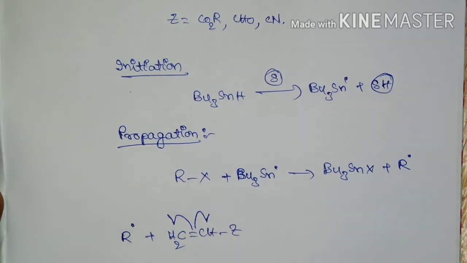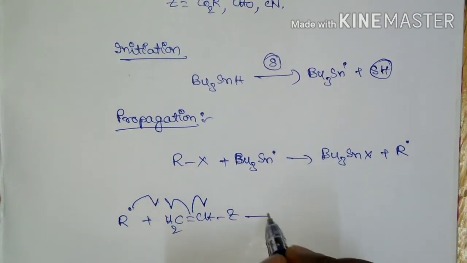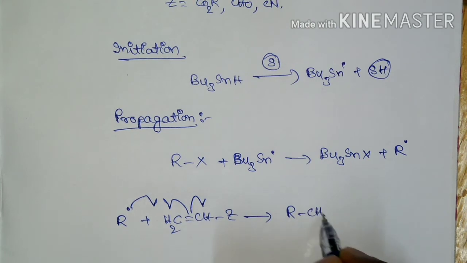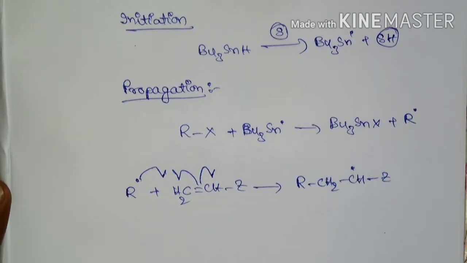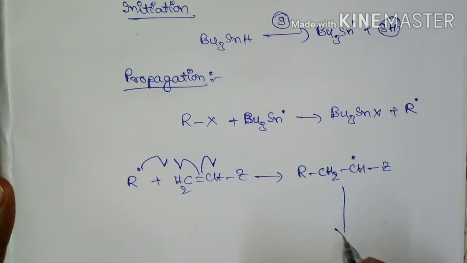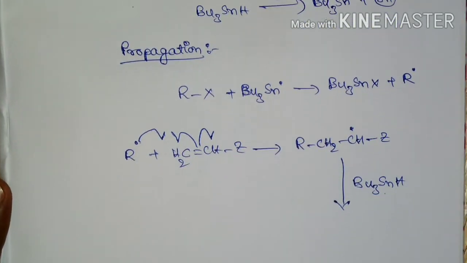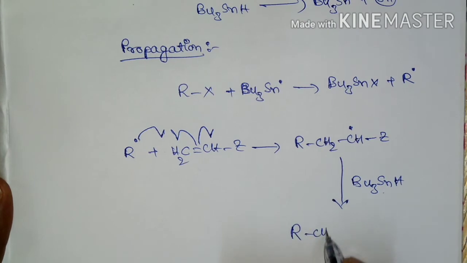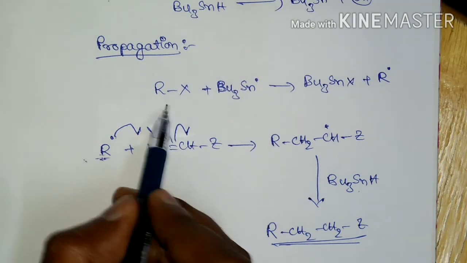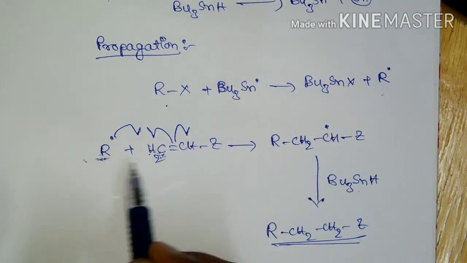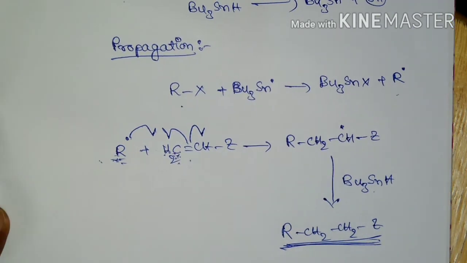So there will be homolytic cleavage, and these two will combine, and we are going to get our CH2CH free radical. And this free radical now reacts with one more tributyl tin hydride, and finally we are going to get our CH2. Here this dehalogenation and intermolecular carbon-carbon bond formation finally leads to this product.